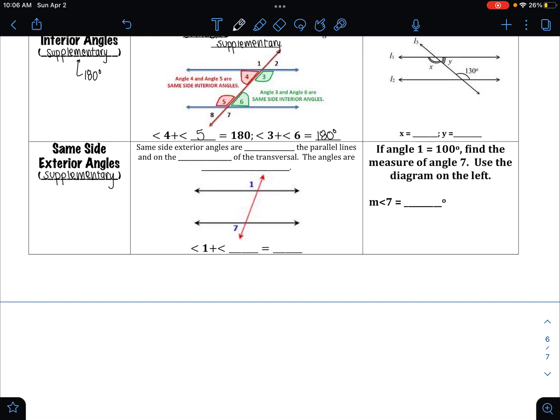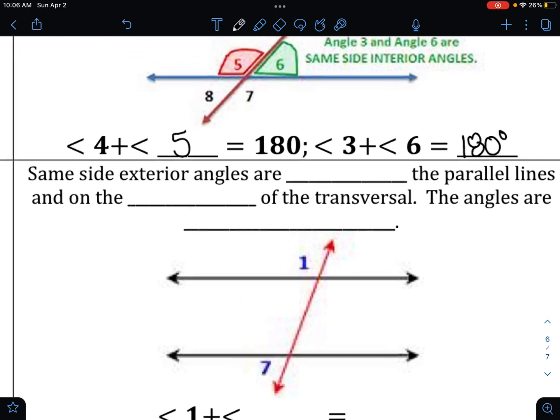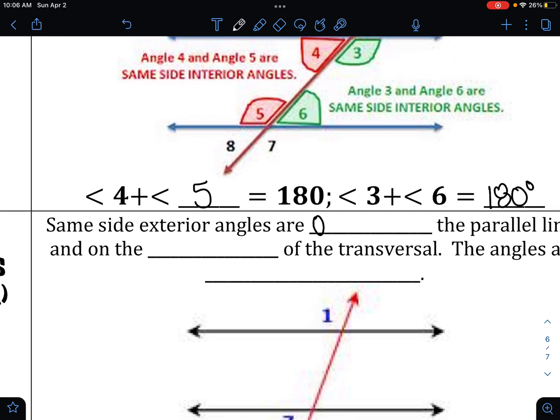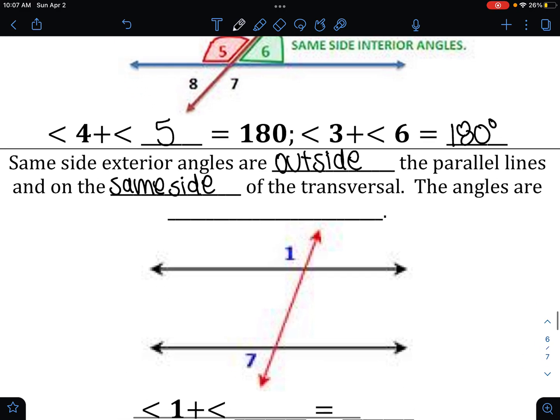Okay. Same side exterior angles are outside the parallel lines, and they're on the same side of the transversal. And the angles are going to be supplementary.